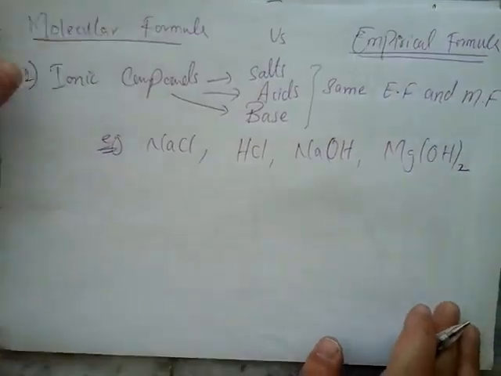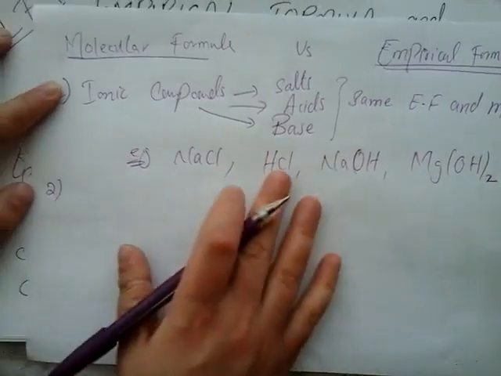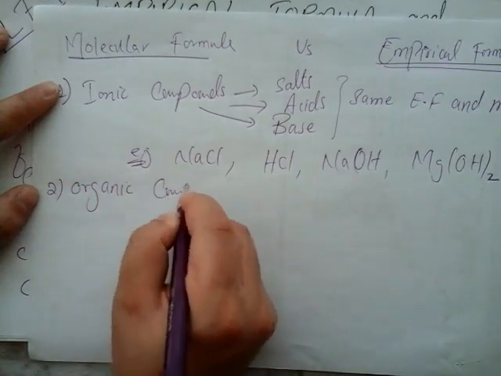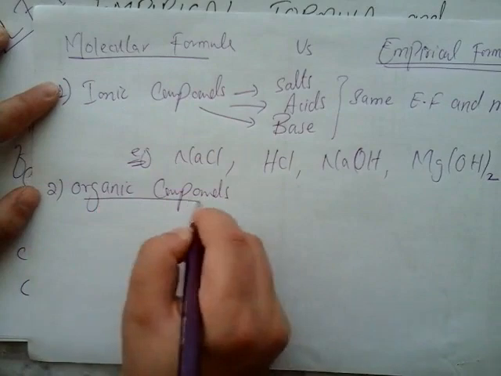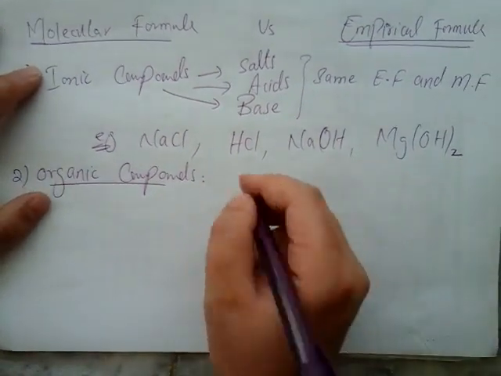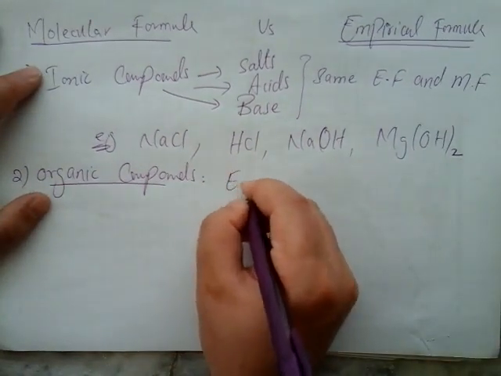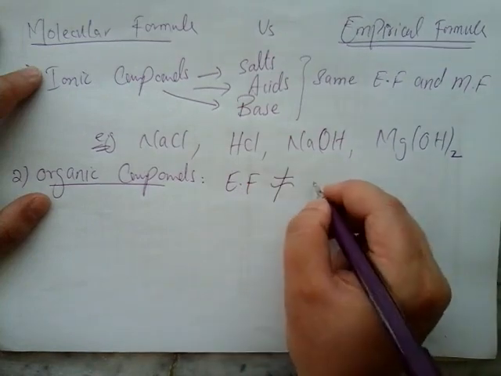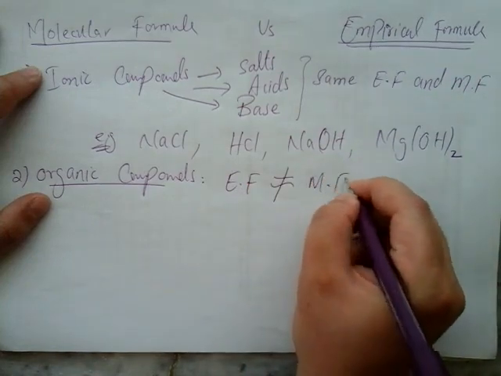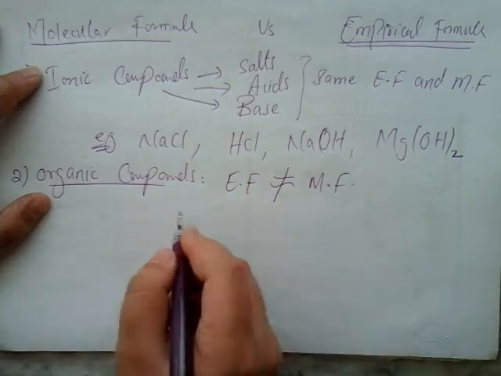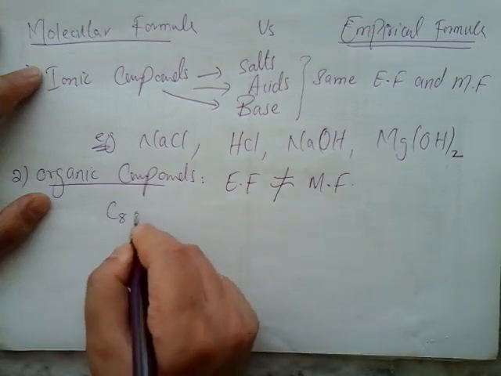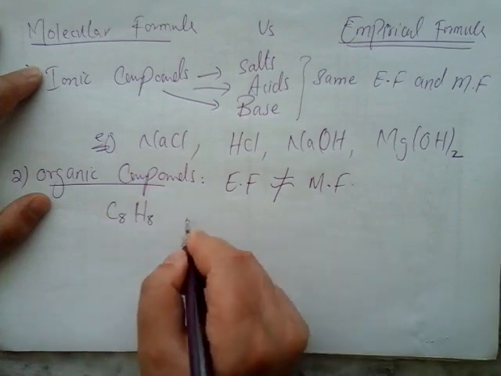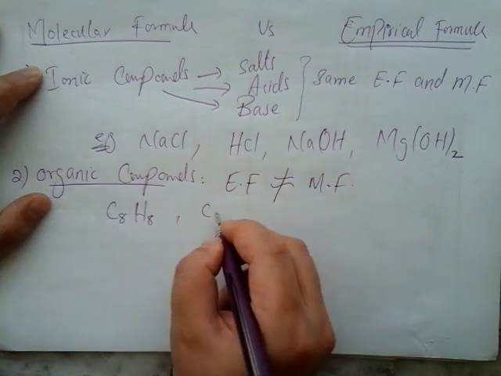But keep in mind that for organic compounds, the empirical formula and molecular formula would not be equal, as I told you with the example of octane, and I also gave you the example of acetic acid.